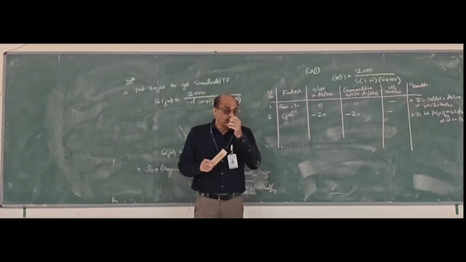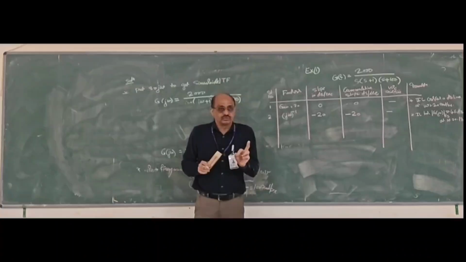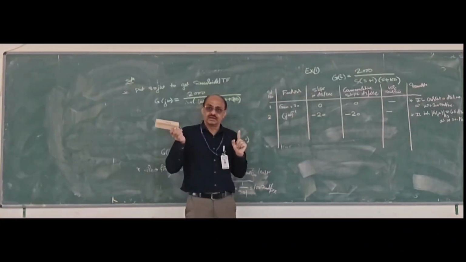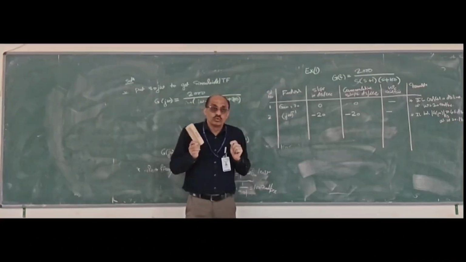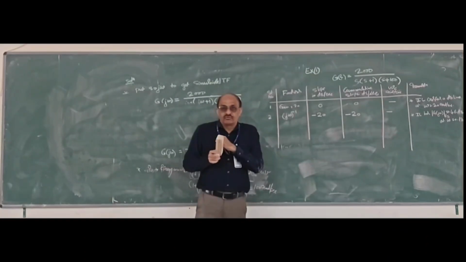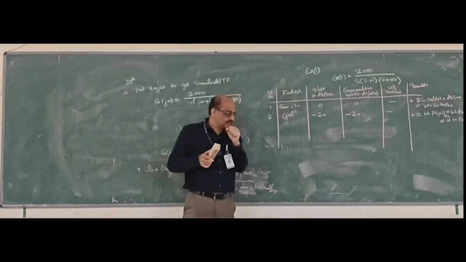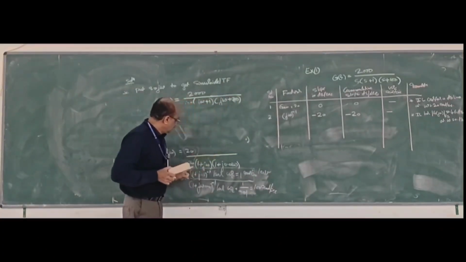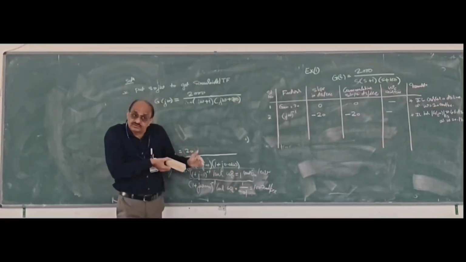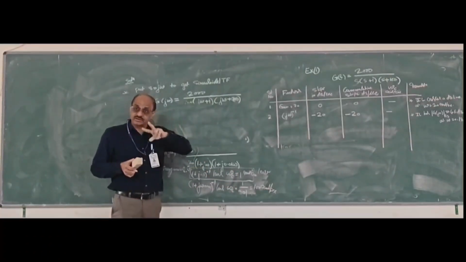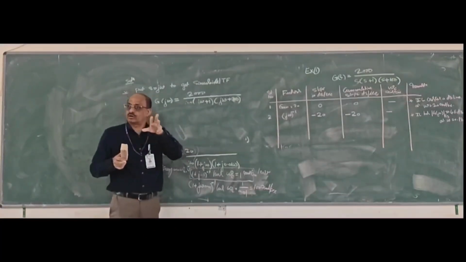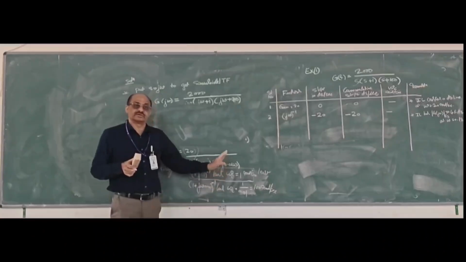Now what you have to do is add the factor, maybe first order or quadratic, which has the least corner frequency first. Note that here 1 plus j omega has a corner frequency of 1. I have to add that first.